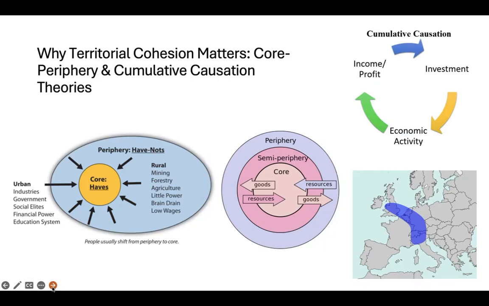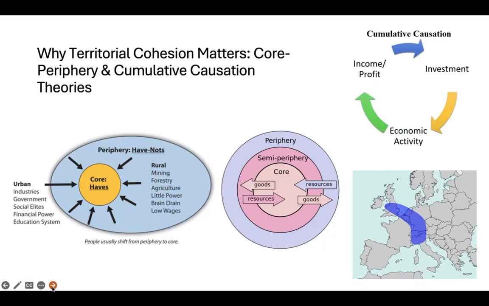Now, Myrdal did talk about what they called spread effects, as well as the backwash effects, where the core pulls away resources, talent, and capital from peripheral areas. There is this idea of the spread effect, where the core growth will spill out to benefit other areas. And there's a big debate over how fast that happens, how widespread that happens, how effectively that's happening.